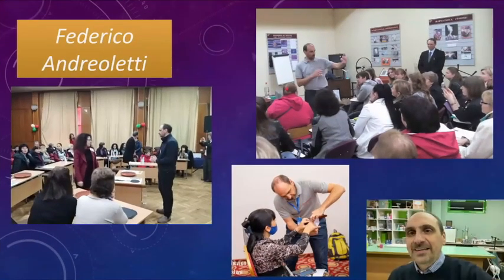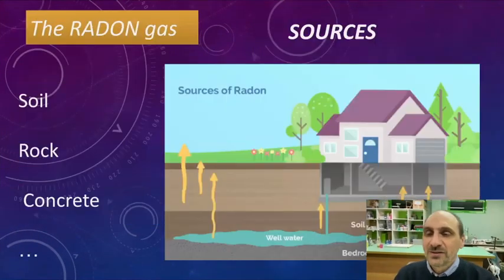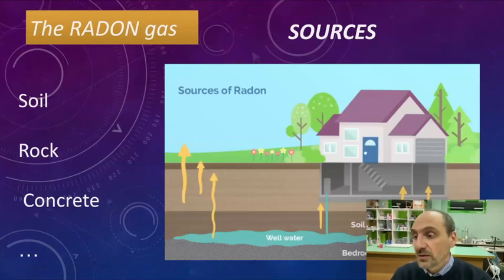Anyway, let's go on and talk about the ion chamber we are going to study. First of all, the radon gas. Why are we studying the radon gas? But first of all, the radon is everywhere, essentially.